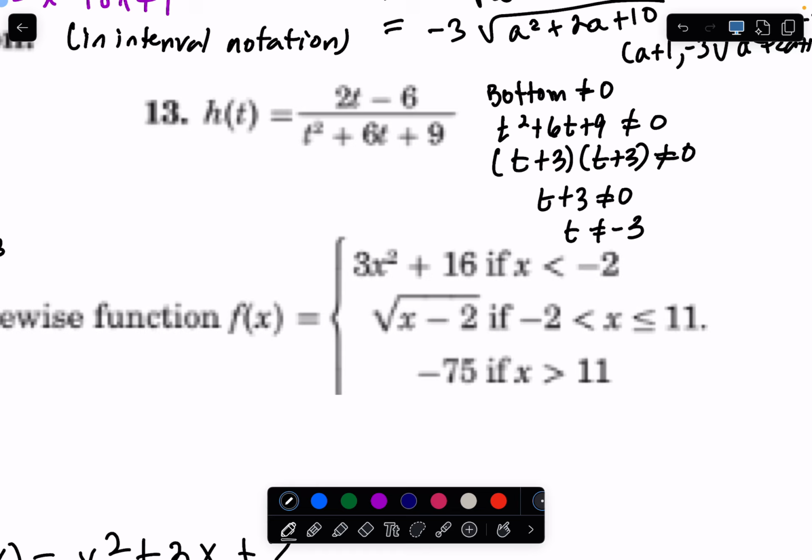So the interval that I want, think about the fact that on our number line, the only value we skip is negative 3. So to show that, here's how you show that. I go from negative infinity just to negative 3, and a parenthesis tells me I don't stand there because there's a hole there.